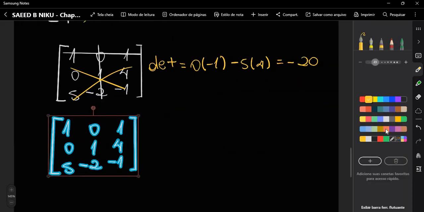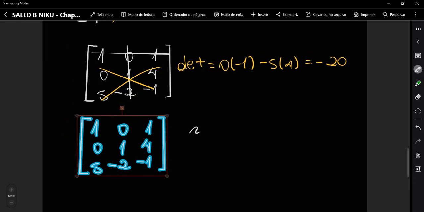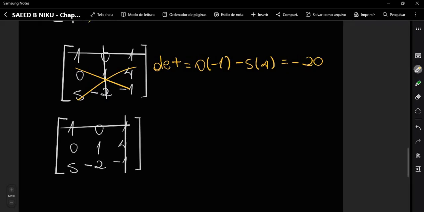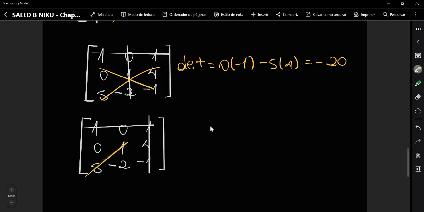And we have to do this for all these terms, entries or elements, what you prefer. Again, we block out the column and the line of the entry and calculate the determinant of what is left, which is equal to minus 5.